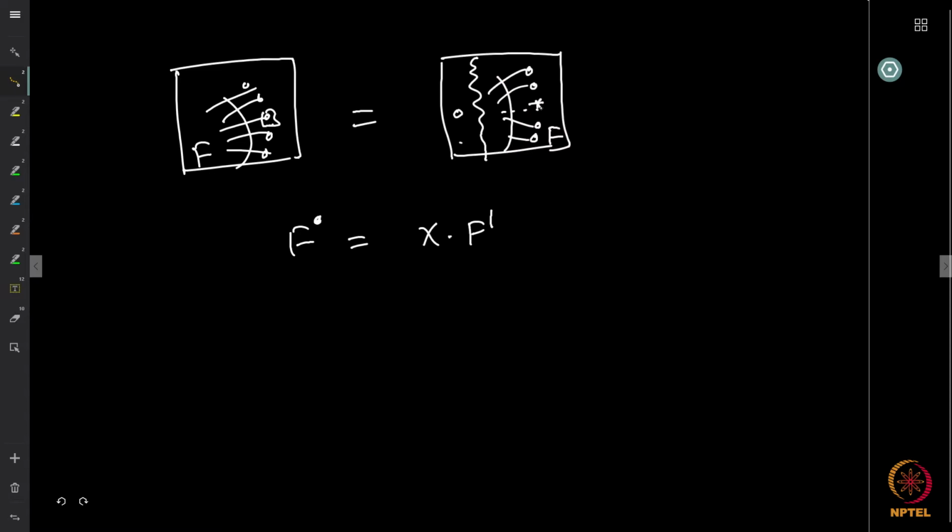Now forget about this particular element, and you get the F dash structure on the set minus this element, where this element is now marked special. Therefore, you get this as a pointed structure.